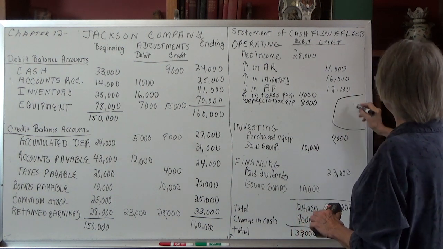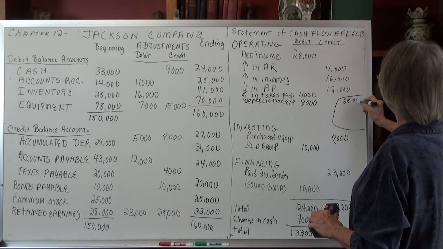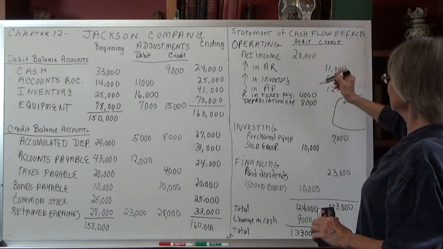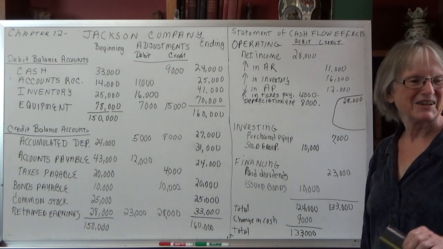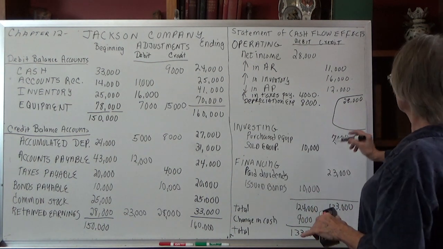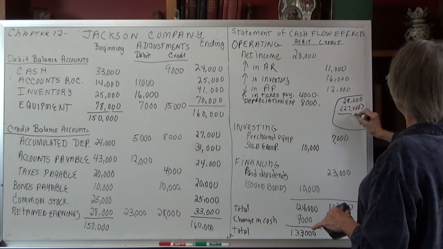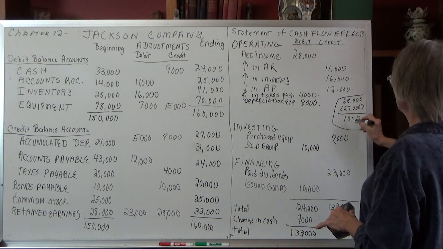We would start with the total net income of 28. We'd go minus this, minus this, minus this, plus this, and we would get total adjustments of negative 27. And so we would have cash provided by operating activities of 1,000.